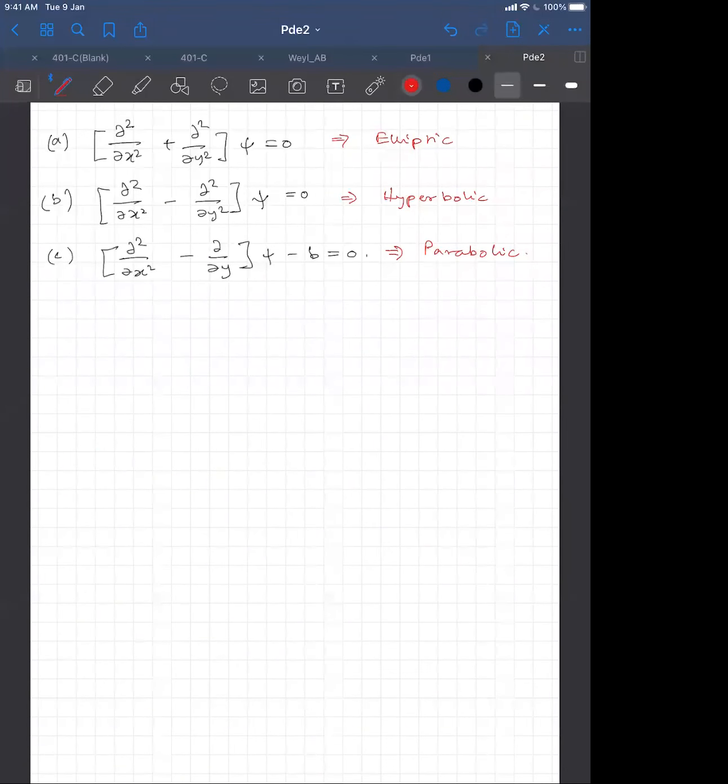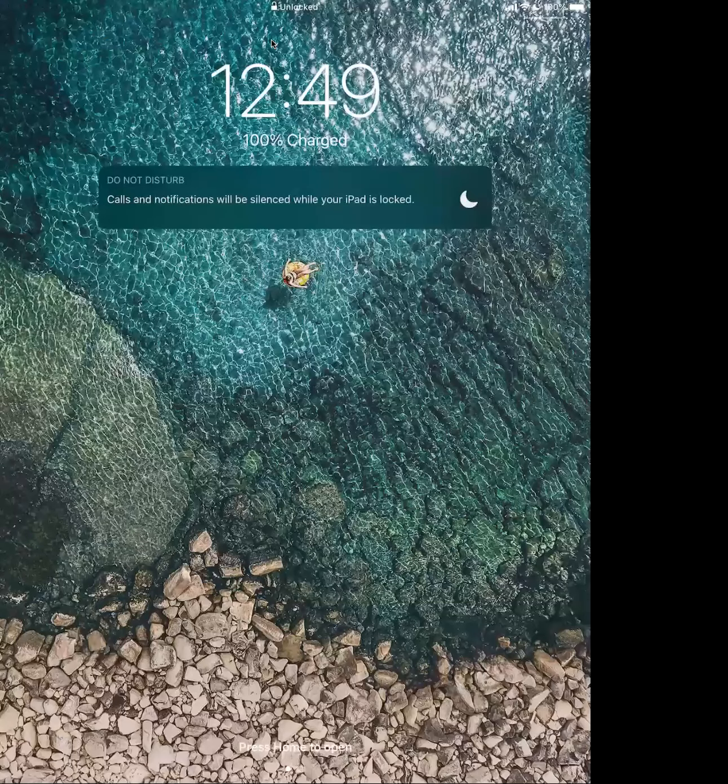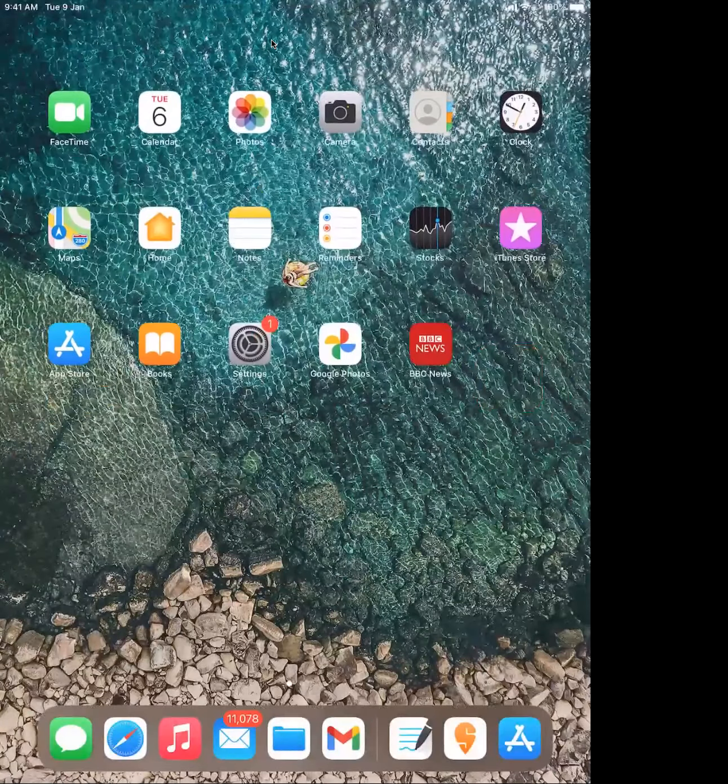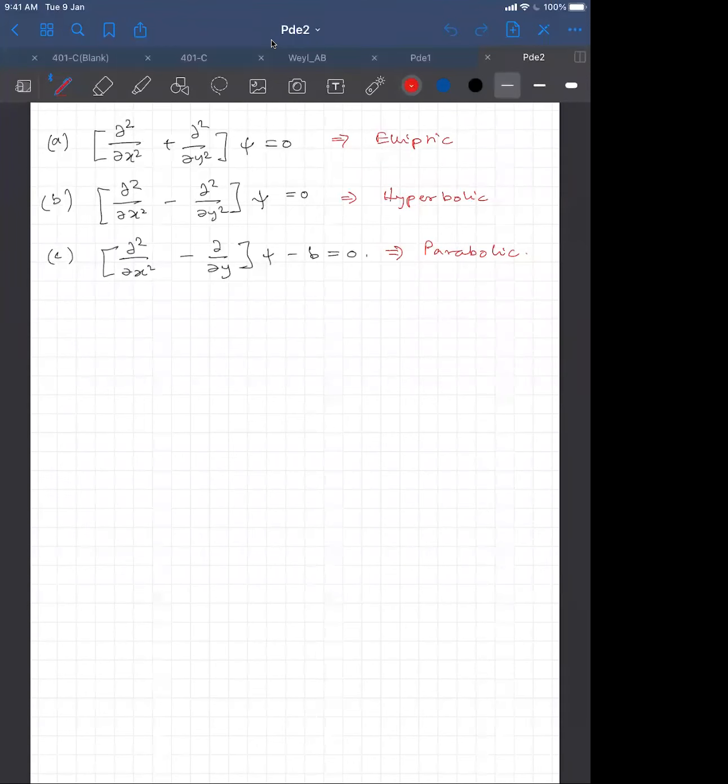And now next, we are going to start trying to say what the different sorts of boundary conditions are. Okay, now we shall be interested in trying to understand types of boundary conditions. So let me write down types of boundary conditions here.